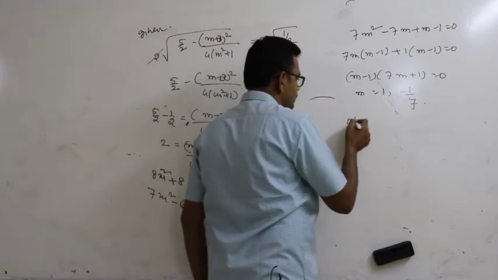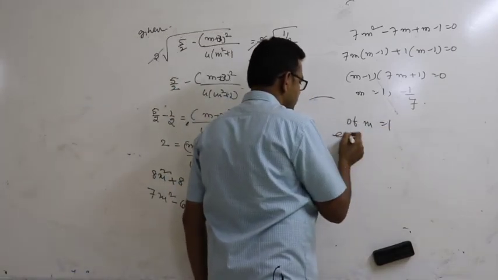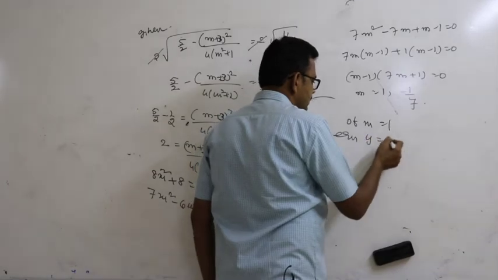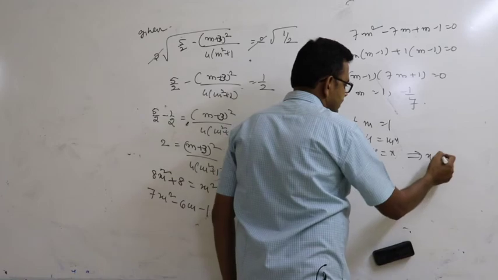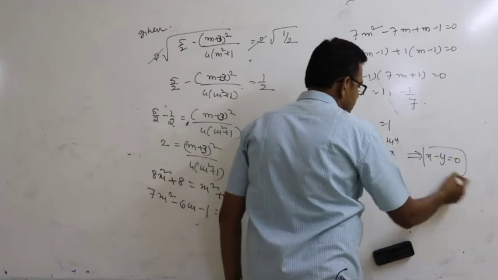So, if m is equal to 1, the equation y is equal to mx, that is y equal to x, implies x minus y is equal to 0.